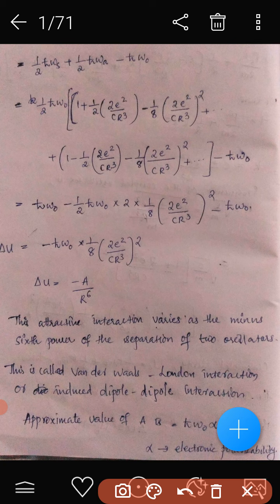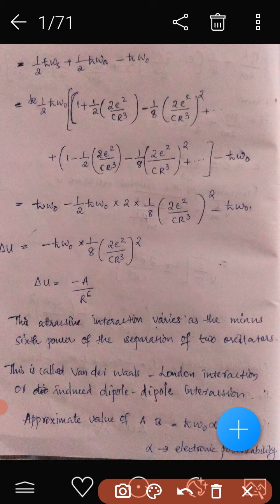I substitute these values instead of omega s and omega a, then minus h cross omega 0. Here half h cross omega 0 into 1, here also half h cross omega 0 into 1, so the total is h cross omega 0.